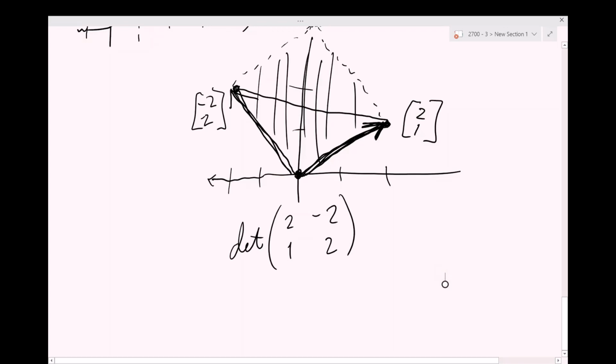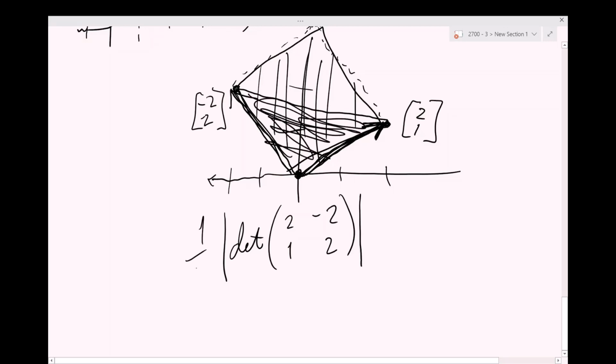And now, remember though, the determinant can come out negative. We only care about area. We really want the absolute value of the determinant. And now this is the area of this whole box here. And so if we wanted the area of that triangle, well, my triangle is exactly half of that box. So really the answer to my question is 1/2 of the absolute value of this determinant.